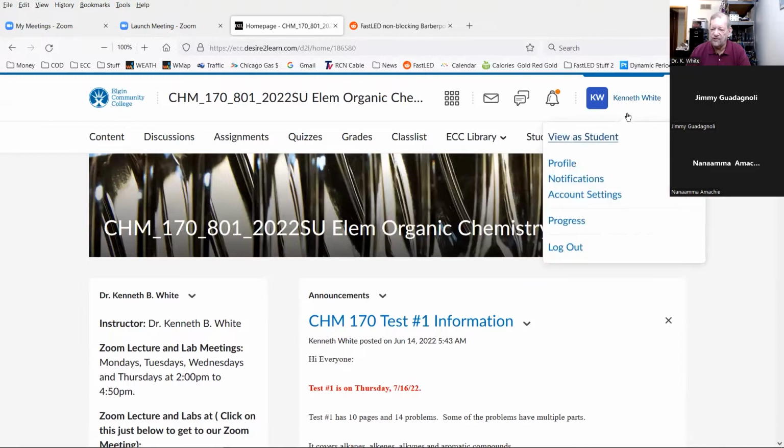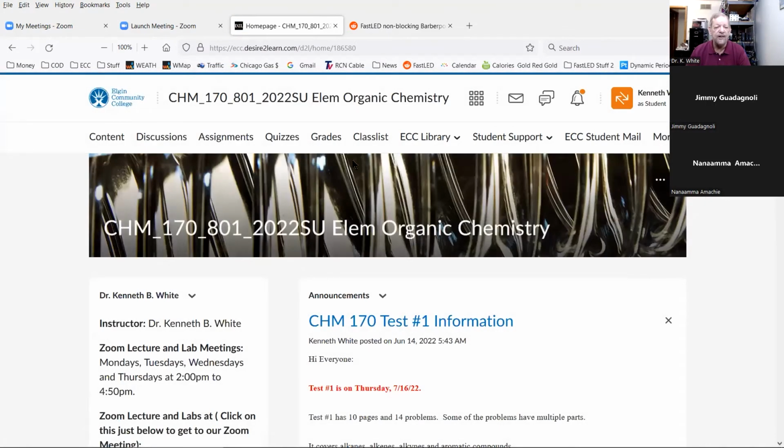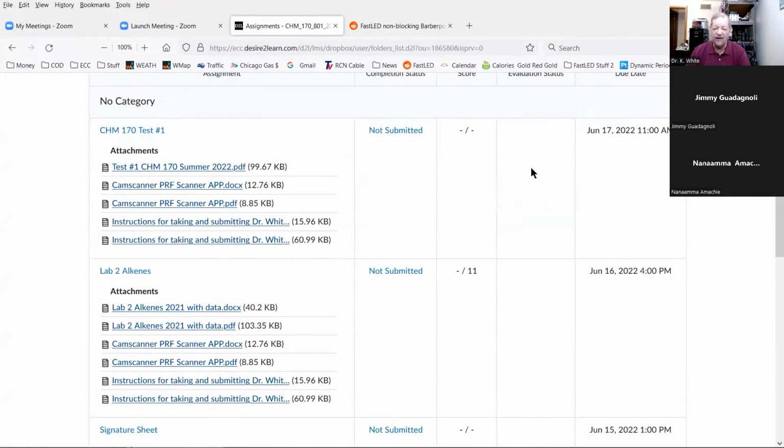Let me switch to student view and D2L. If you click on assignments, you'll see right there, test number 1. Now, if you don't have a printer, you do not have to write out the problems.